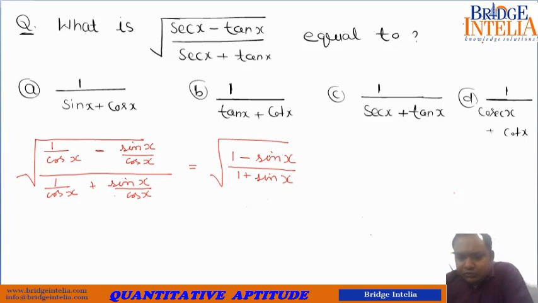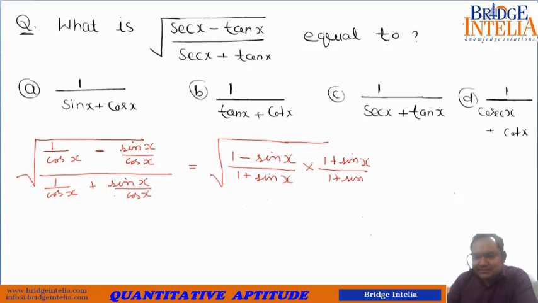Now what to do? To get rid of this square root, we have to transform this in such a way that both of these become square of something. So we rationalize this. To rationalize, we multiply both numerator and denominator by 1 plus sin x. This takes the form of a minus b into a plus b, which is a square minus b square.